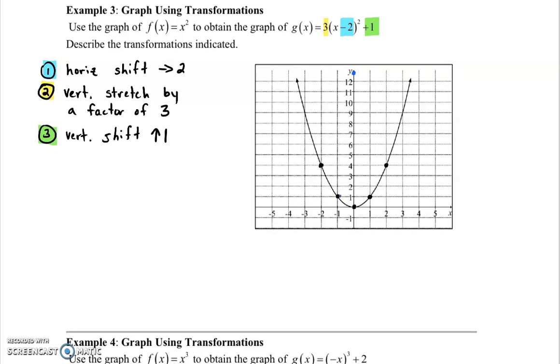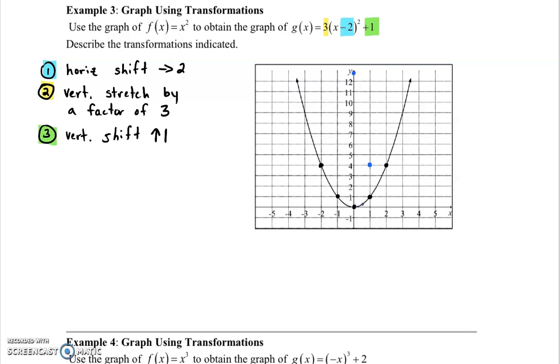For (-1, 1), we go right 2, stretch by a factor of 3, so multiply the y value by 3. 1 times 3 is 3. And then shift 1 more up. So that's right there.